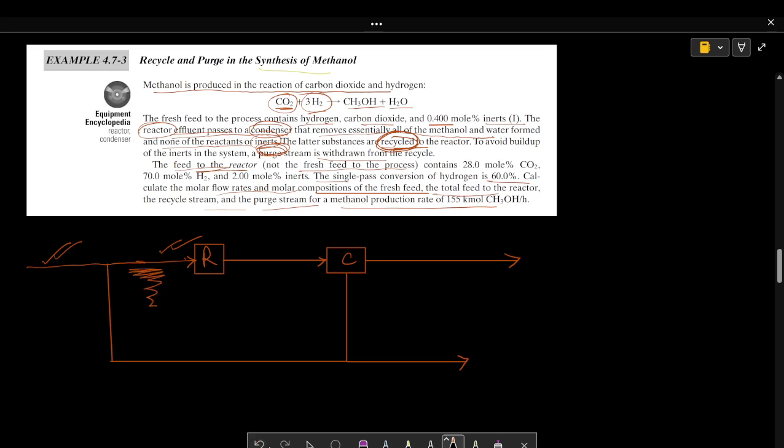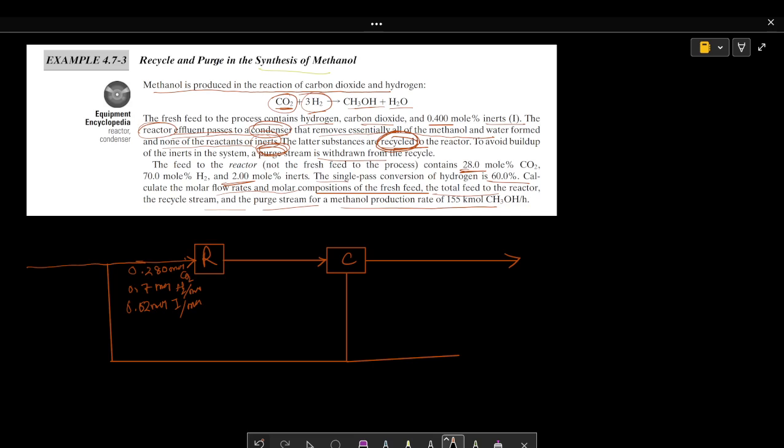It contains 28 mole percent carbon dioxide, so this will be 0.28 mole carbon dioxide per mole, and 0.7 mole hydrogen per mole, and 2% inert, that means 0.02 mole inert per mole. So this is the feed to the reactor.